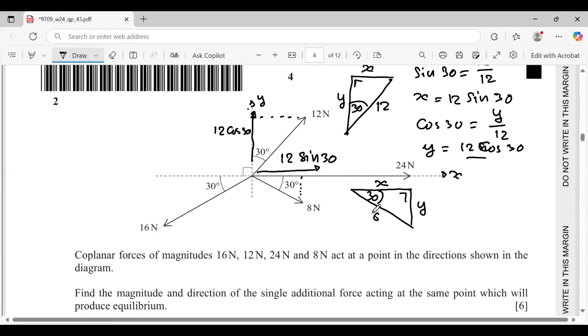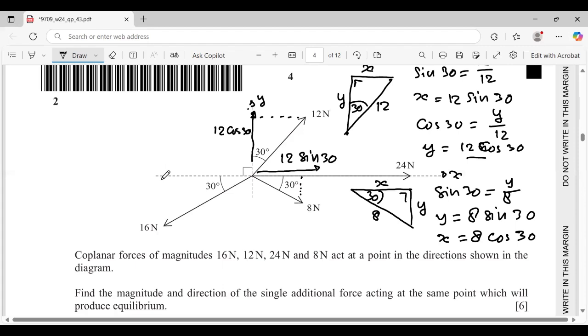According to this information, this is 8. So sine 30 equals y over 8, so y equals 8 sine 30. And with the same process, x equals 8 cosine 30.